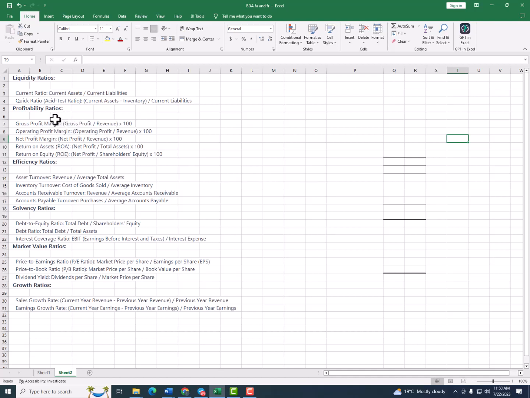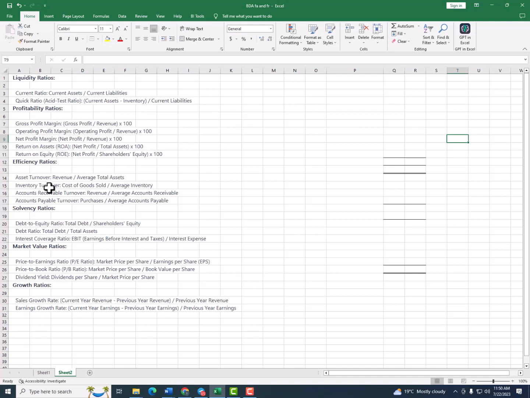Whereas another company may be very efficient in generating profit from the revenue that it has. So you have gross profit, operating profit margin, return on assets, which compares the net profit to the total assets, and return on equity, which compares the net profit to shareholders' equity.